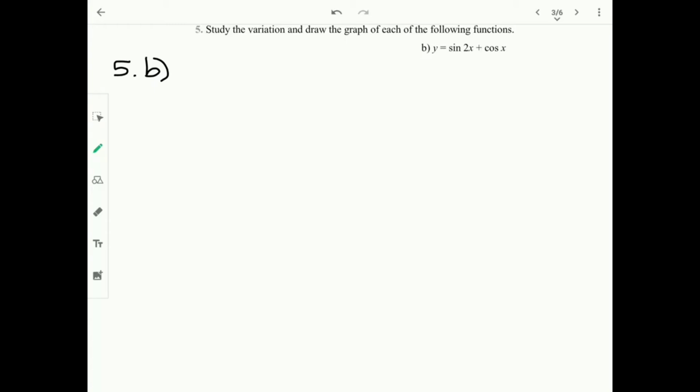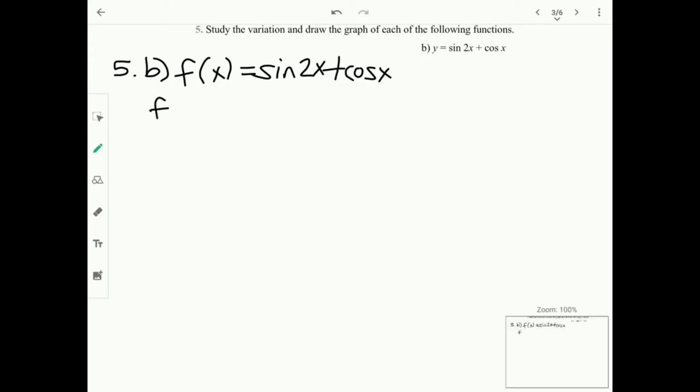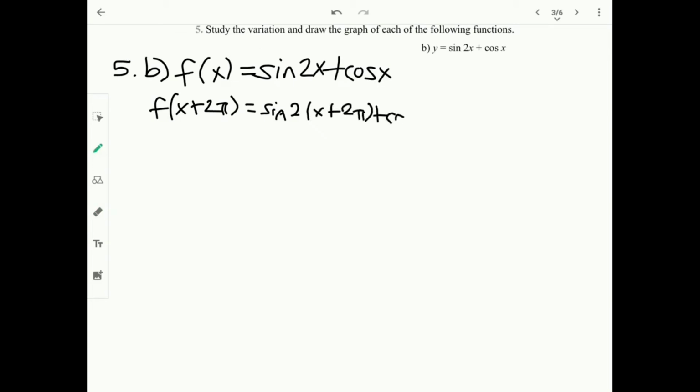So now we have f of x equals sine 2x plus cosine x. Again, we have to do the domain. So now we should say f of x plus 2 pi, which is sine 2 times x plus 2 pi plus cosine x plus 2 pi, is all of this equal to f of x.